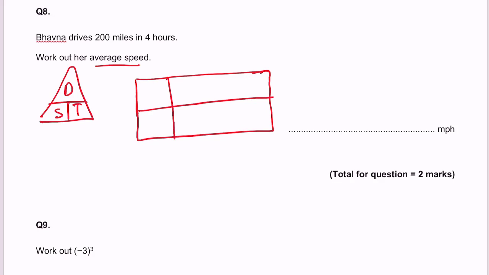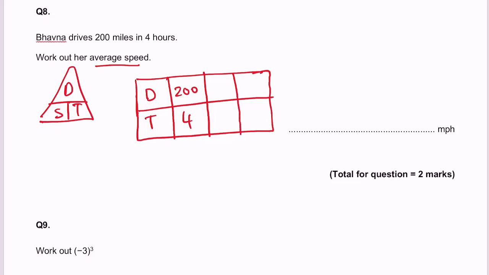So 200 miles in 4 hours. Let's write down the distance here and the time here. The distance is 200 in 4 hours, and our aim is to get to 1 hour because that's the speed in miles per hour.